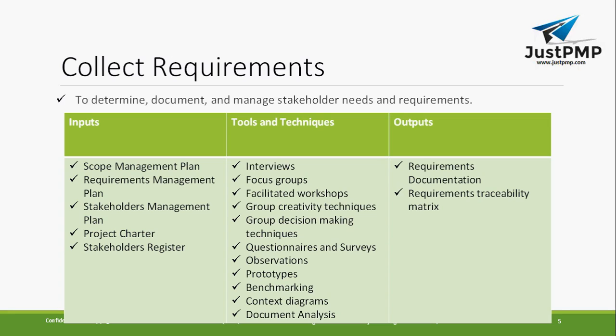So the project charter is one of the inputs. The stakeholder register means a list of all the stakeholders who will be part of this project, and that is also an input for Collect Requirements. Then the requirements management plan, which says how you are going to document your requirements, and the scope management plan. These are basically the inputs of this process.